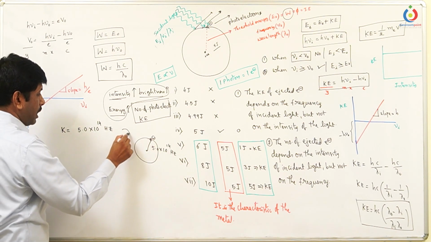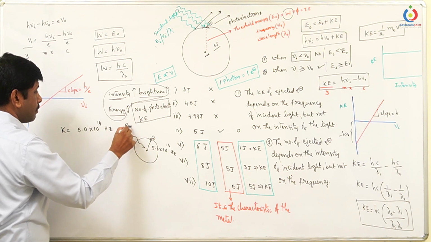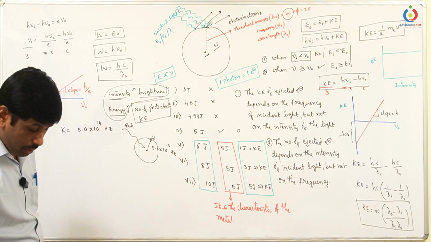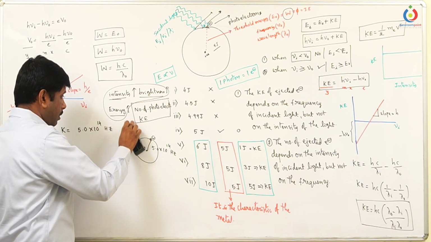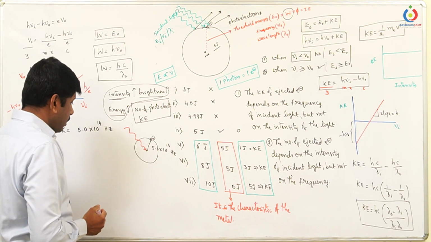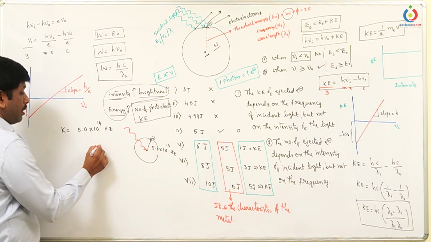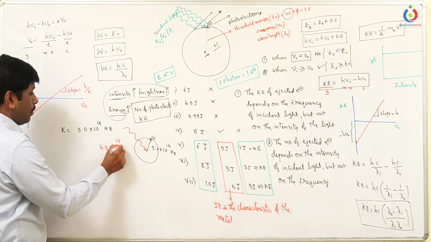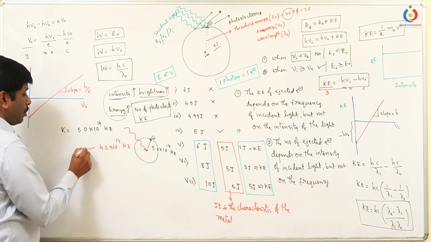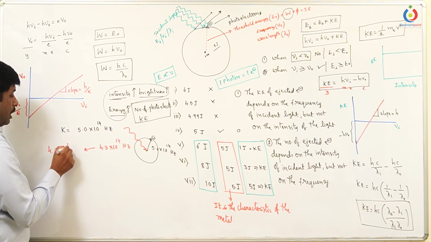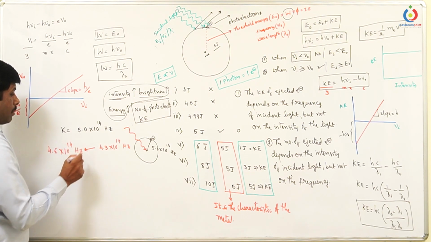So they tried to use the red light. Red light has a frequency range of 4.3 into 10 power 14 hertz to 4.6 into 10 power 14 hertz.